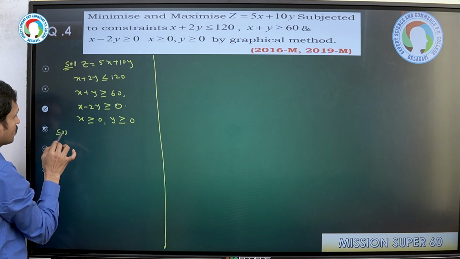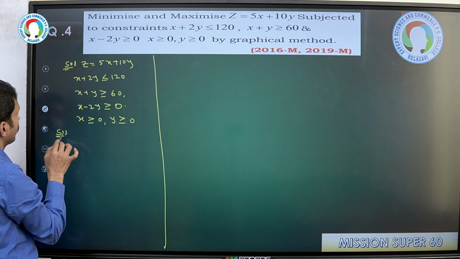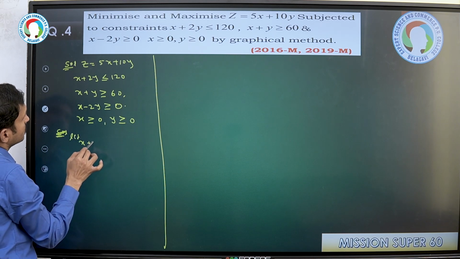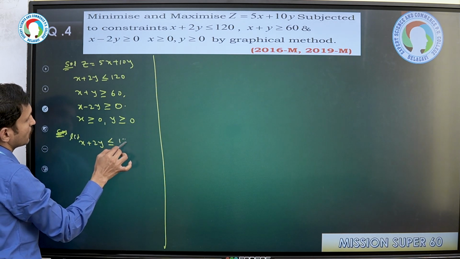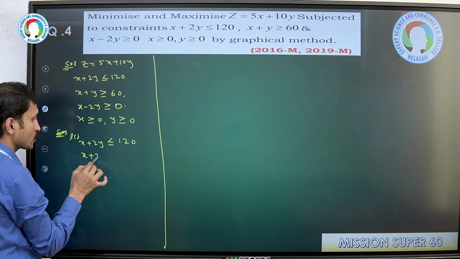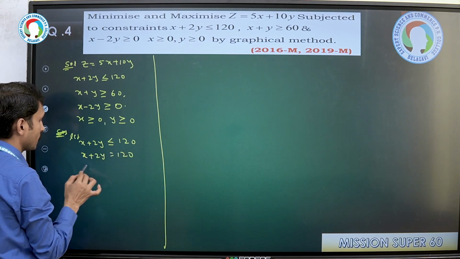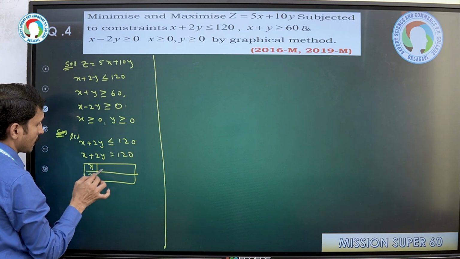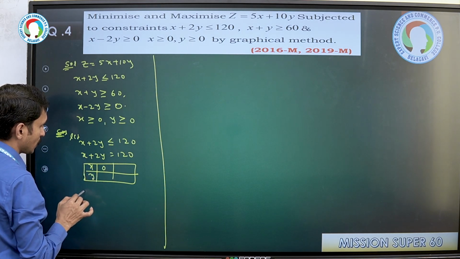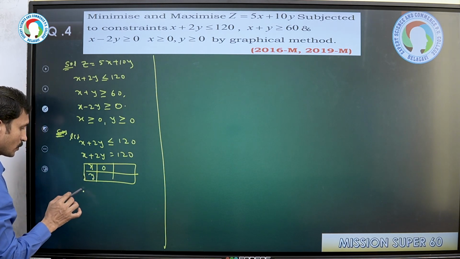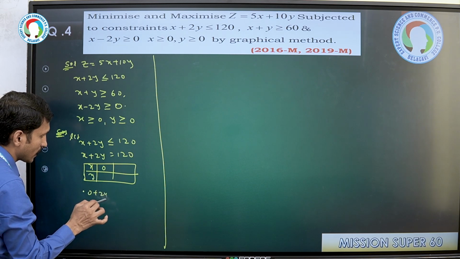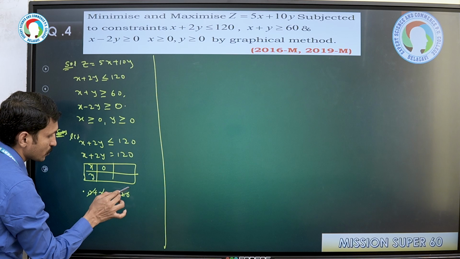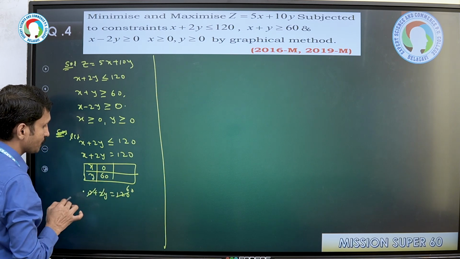So, we have already written the solution. Let x plus 2y be equal to 120. What do you want to do here? Make a table of x, y. If you take x value 0, then 0 plus 2y is equal to 120, so y is 60.